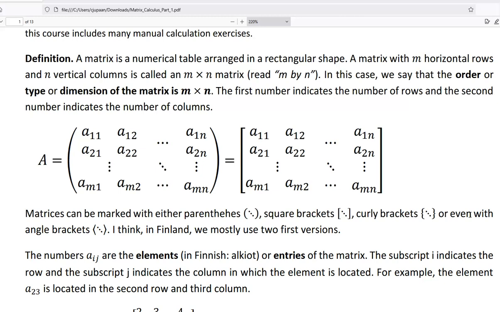If you have some kind of rectangular table where there are some number of rows and some number of columns, then you may always think that it is some kind of matrix.